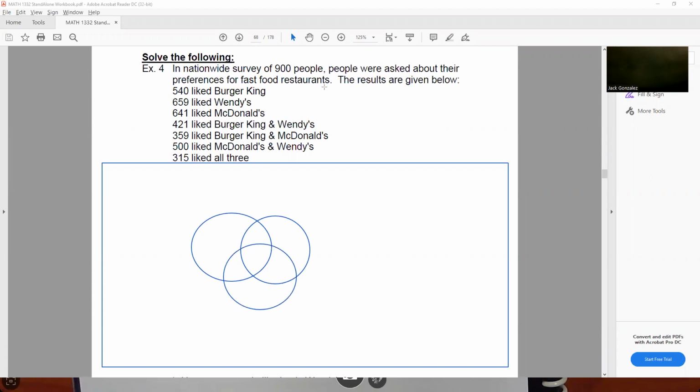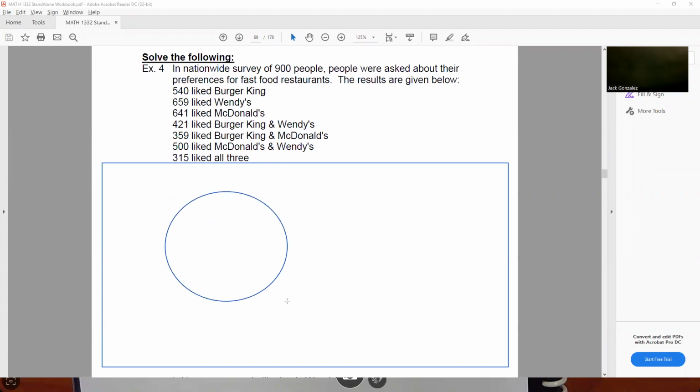Make them bigger because it's too small. Okay, looks pretty good, right? Better than my drawings on paper.